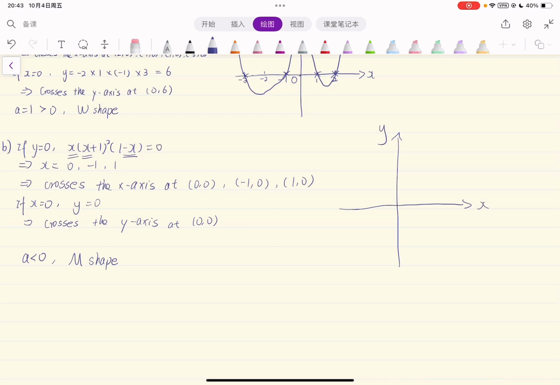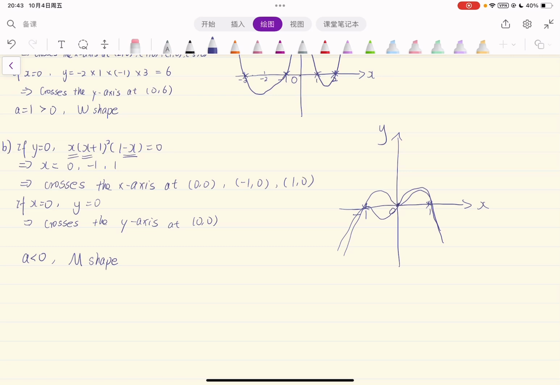We have (0, 0), (1, 0), and (minus 1, 0), so plot these 3 points. But the M shape has 2 types. Maybe it looks like that, or maybe something like that.